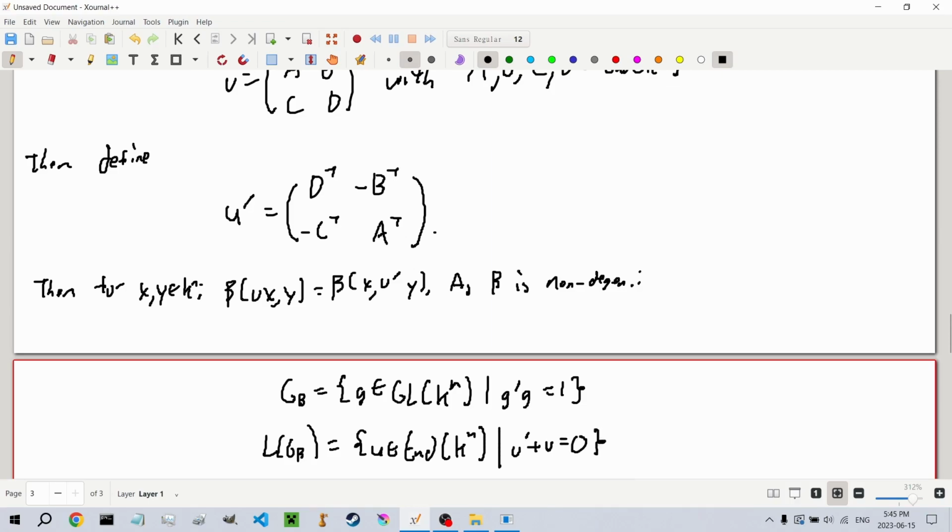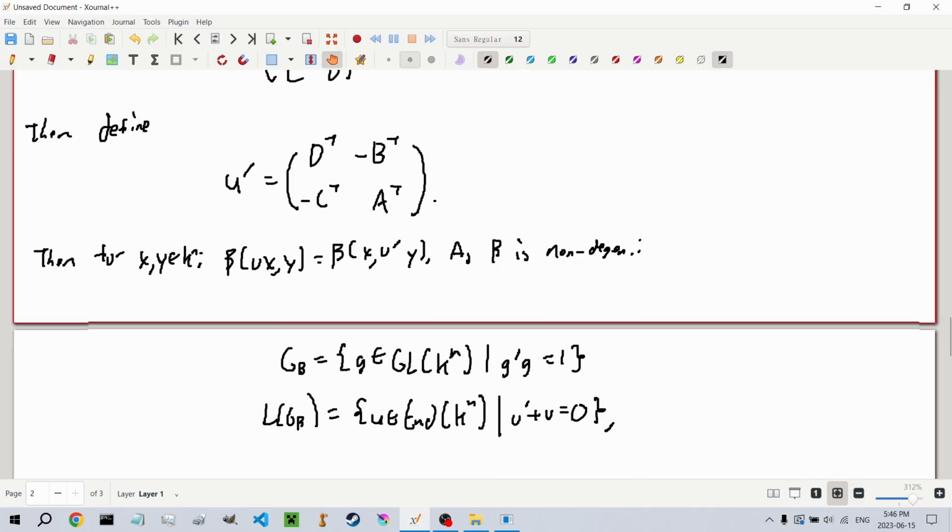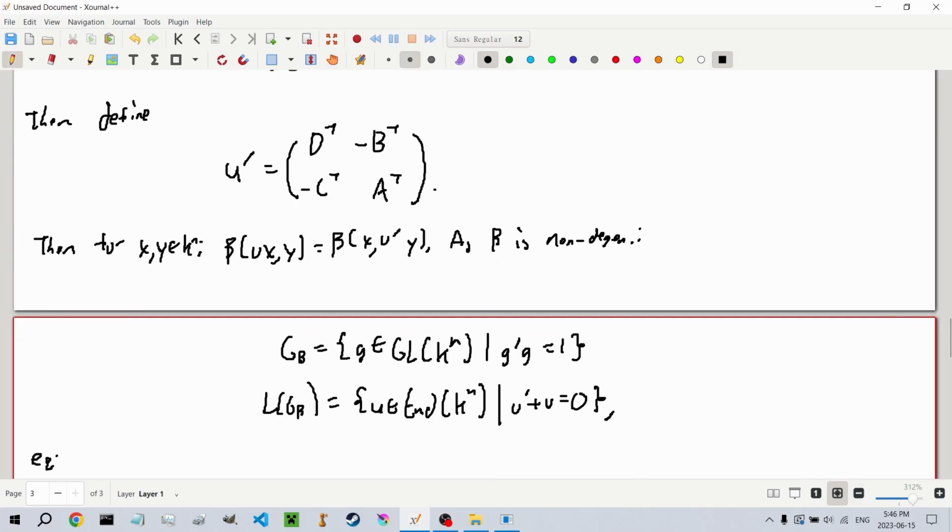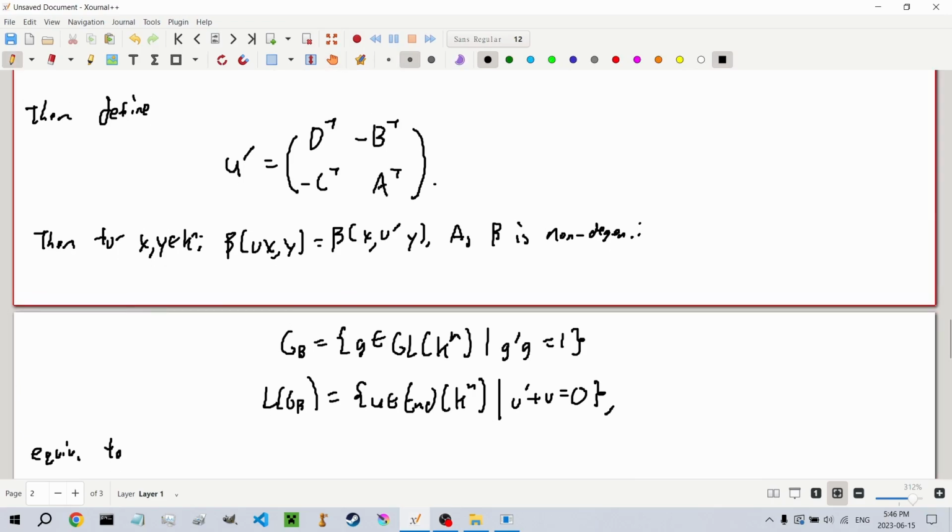Doesn't matter what order you write them in, actually, which is equivalent, of course. You can see from the above that A transpose plus D will have to be 0. B transpose would have to be B. C transpose would have to be C.